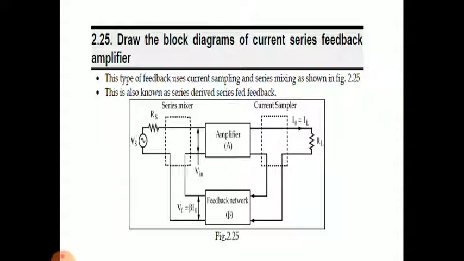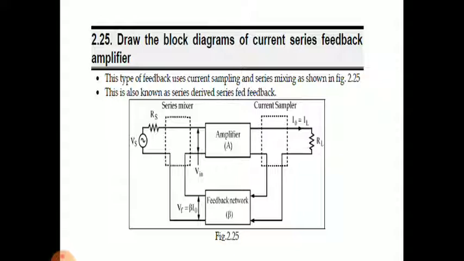How will we measure the current in series? So for the sample signal, we should collect the current sample here. To collect the current sample, we have to connect the circuit in series. So current sampler, that is series connection, and again on the mixing side we have series mixer.